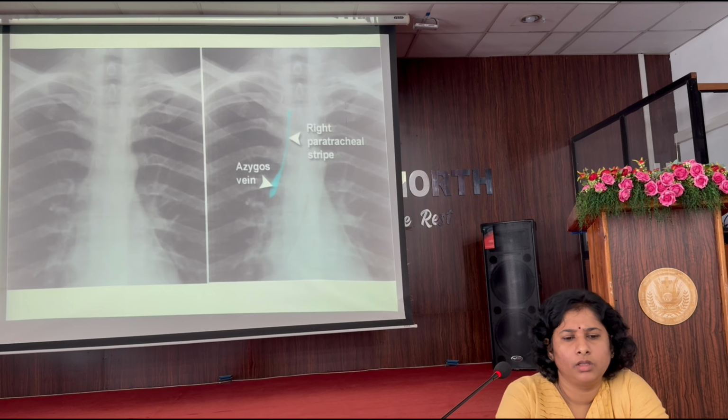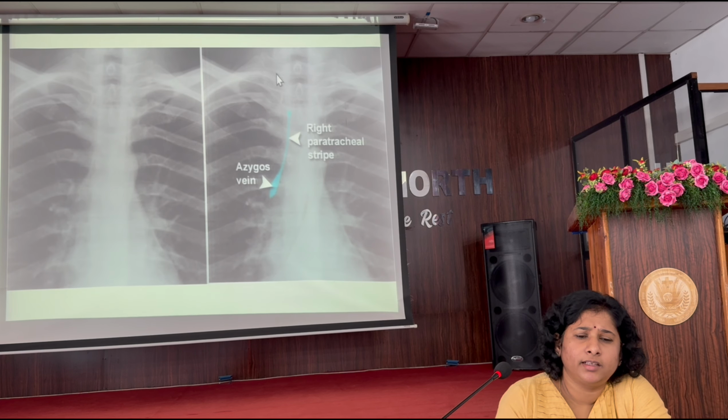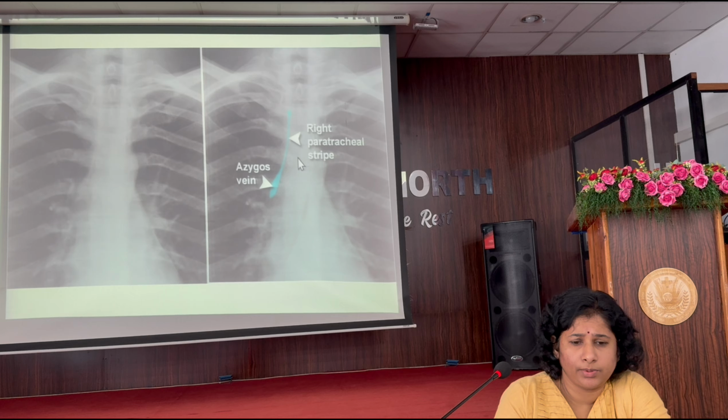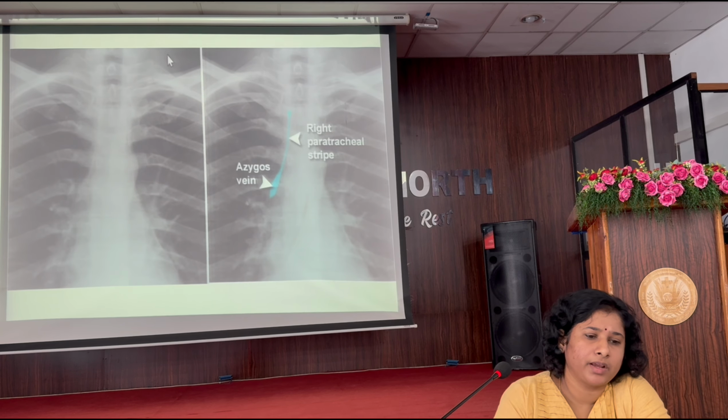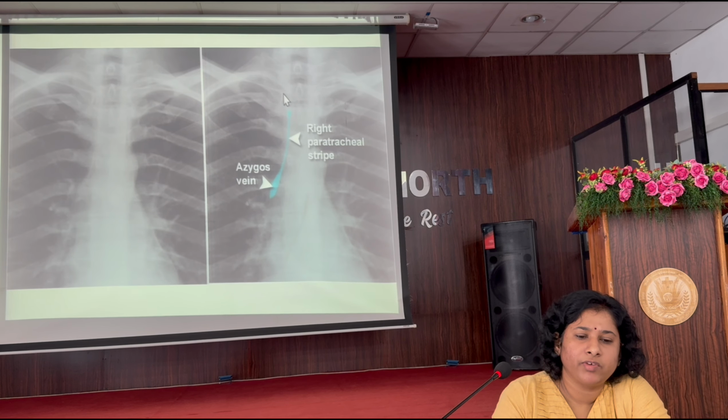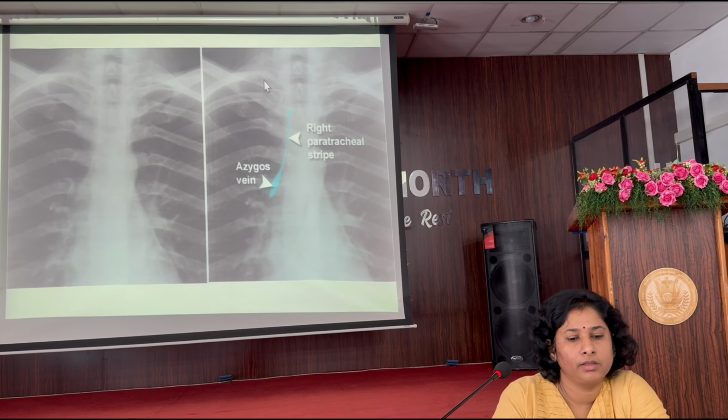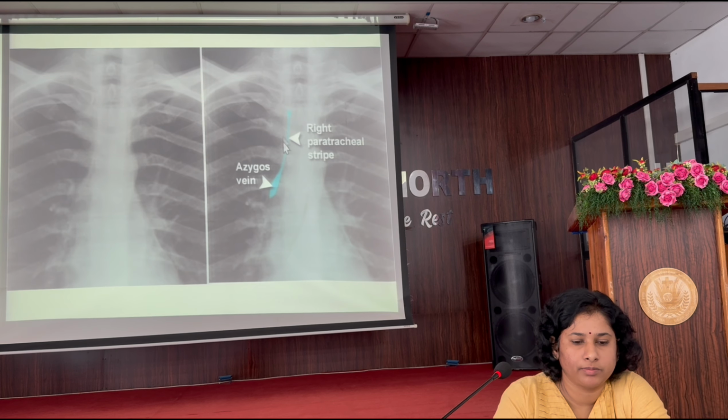So, in addition to that, there are several other lines as well. The right paratracheal stripe. Again, it's an important thing for lymphoma. It's a very thin, like 4 millimeter striping area adjacent to the trachea. If it is enlarged, there should be a mass or a lymph node enlargement.